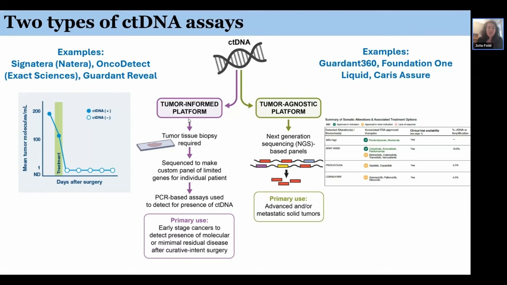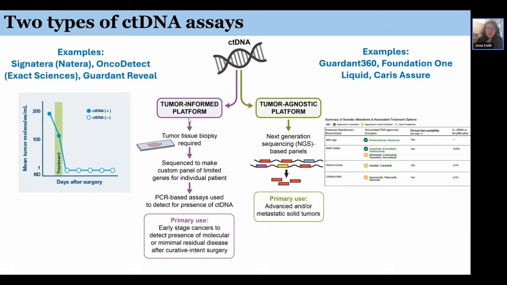It is not personalized, meaning that it's looking for all kinds of DNA that's floating around in the blood. And the next generation sequencing panels look for usually a large number of specific genes that we know are involved in cancer development. This is primarily used in advanced or metastatic solid tumors.